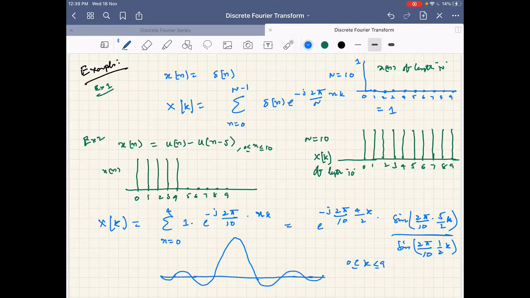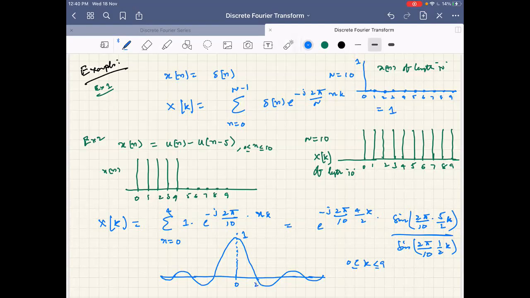So here is 0, and at 0 the value is 1. Where does the first 0 occur? When it is pi, and hence k has to be equal to 2.